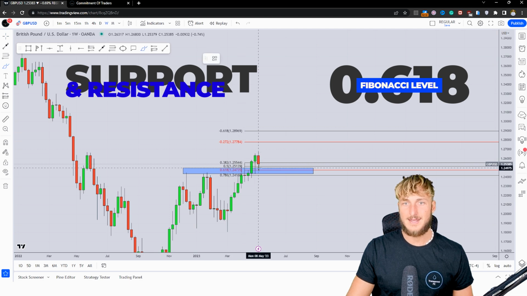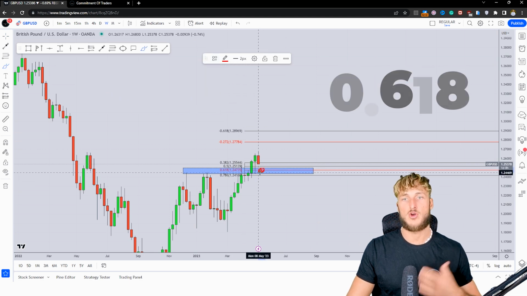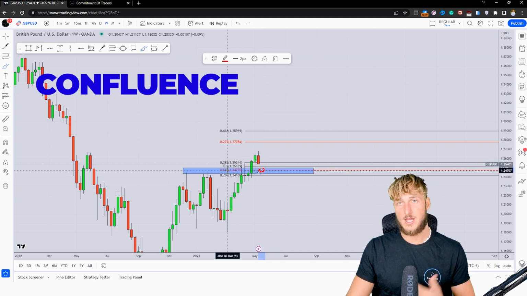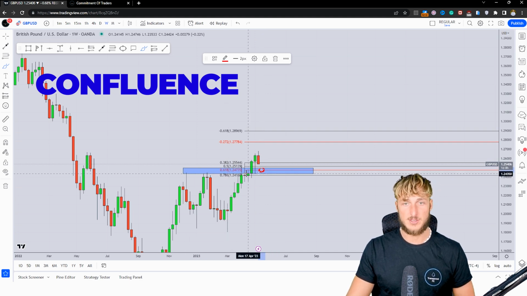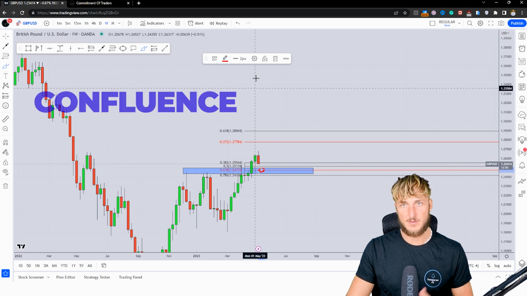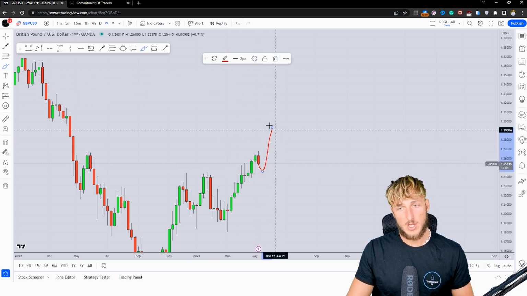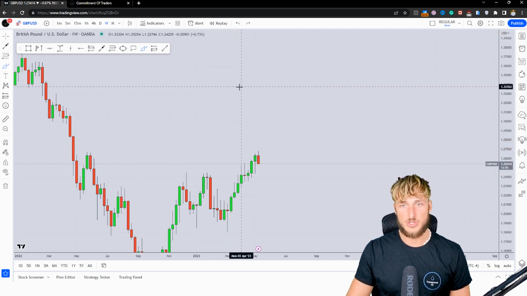This shows that at this level, we actually have confluence of support given both by the 0.618 with the previous resistance turn support from a structure perspective. So this increases the probabilities that if the market will reach this zone, we will have a potential rejection to the upside away from the area.